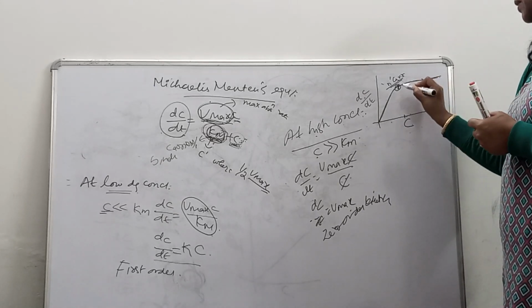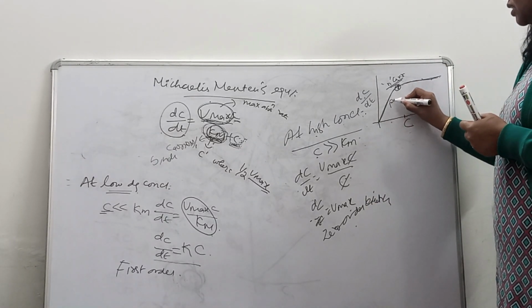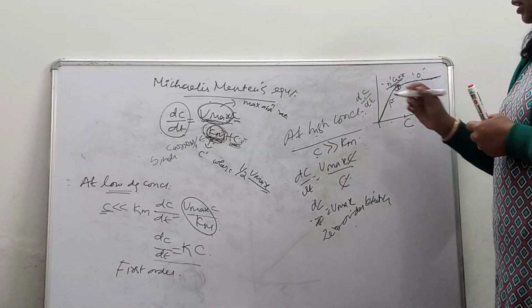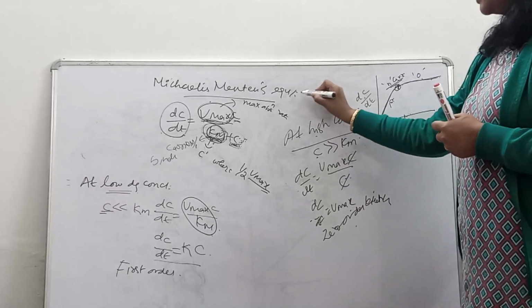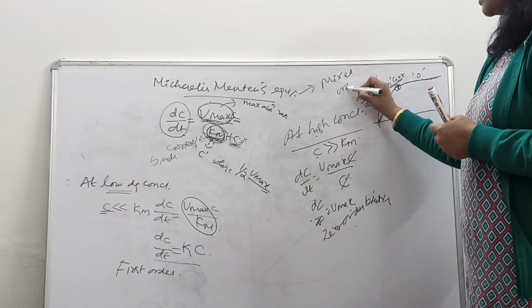So constant rate means that will follow zero order kinetics. Initially at low concentration first order and at high concentration zero order kinetics. So carrier mediated transport can be explained by mixed order kinetics.